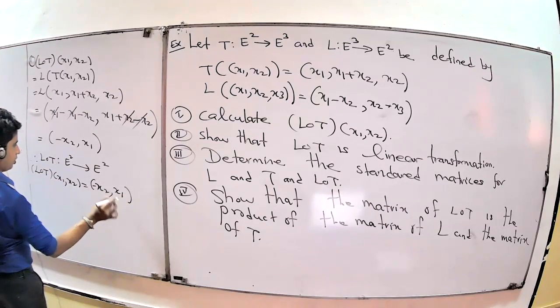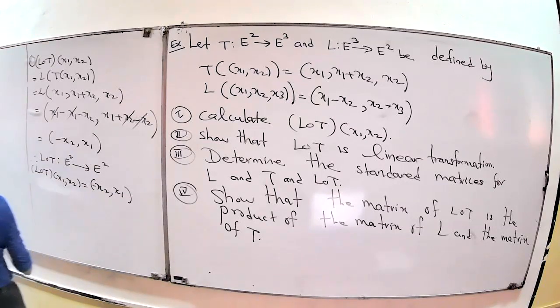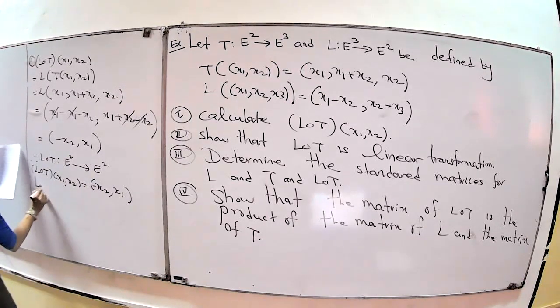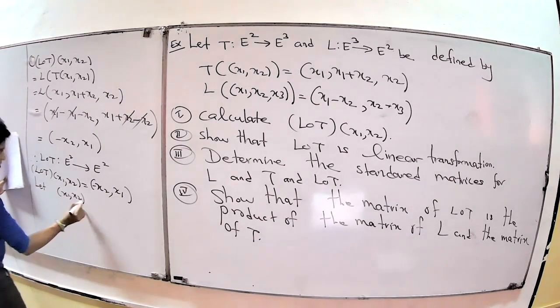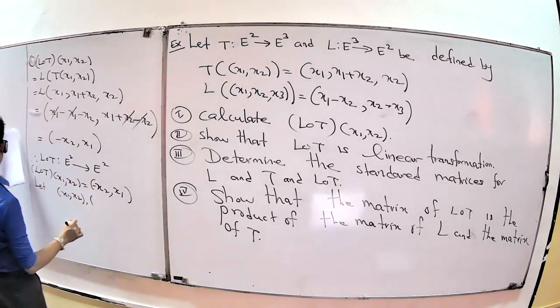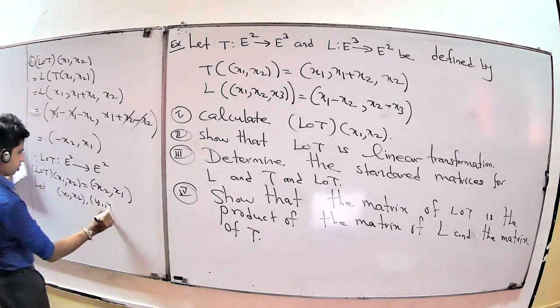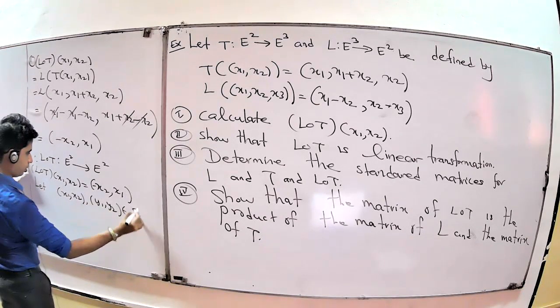For a linear one, let you take two vectors x1, x2 and y1, y2 belonging to E squared.